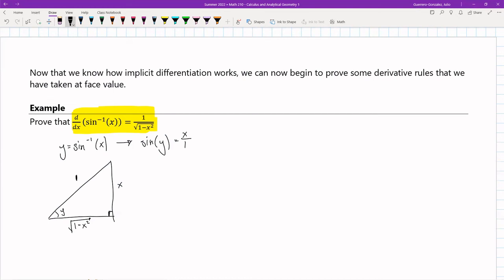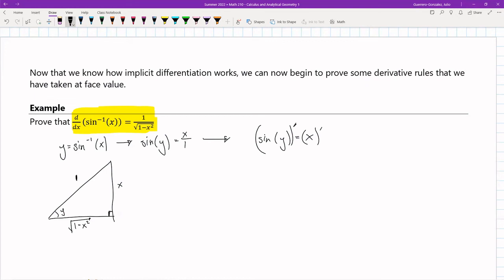Now we're going to take this bit and do implicit differentiation on it. So I'm going to grab this and do an arrow this way. We have sine of y is equal to x. Now I need to take the derivative of both sides.